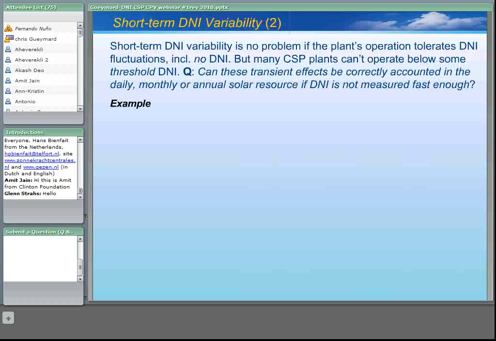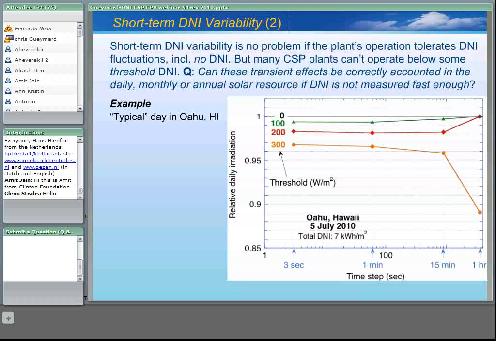There are too many losses, thermal losses, for example. So can these transient effects be correctly accounted for in the daily, monthly, or annual resource if DNI is not measured fast enough? This is an important question, and actually it is only the start of new research projects on this, so there are not definite answers.